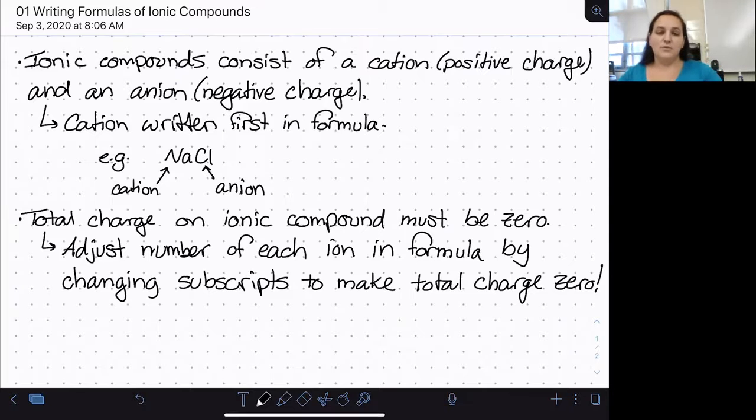We need to be able to figure out how to do this. One of the many things that the periodic table can help us with is predicting what charge an ion is likely to form for a particular element. So we're going to be using the periodic table to do that.